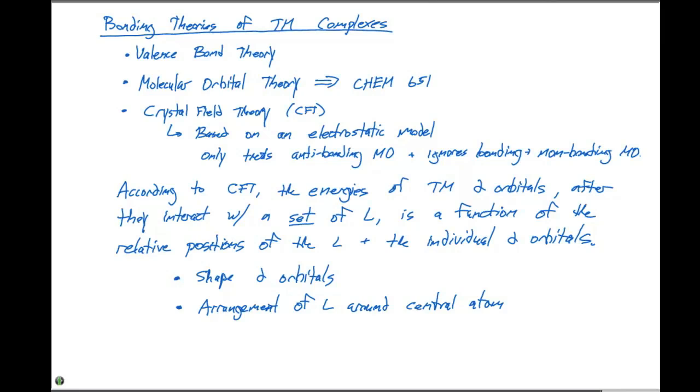It just so happens that when a ligand interacts with a d orbital, the splitting or the difference in energy between the resulting d orbitals is right in that little sliver of the visible portion of the electromagnetic spectrum. And this leads to some fascinating properties. So we need to know the orbital shapes, and we need to know where the ligands are positioned and what their geometry is.